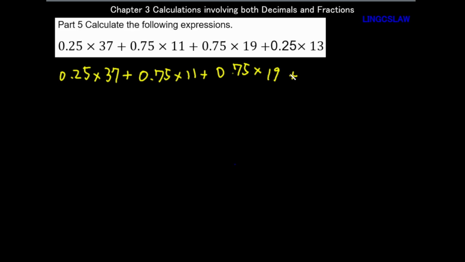Okay, now let's go on to part 5. Again, calculate the following expressions. 0.25 times 37 plus 0.75 times 11 plus 0.75 times 19 plus 0.25 times 13 equals.